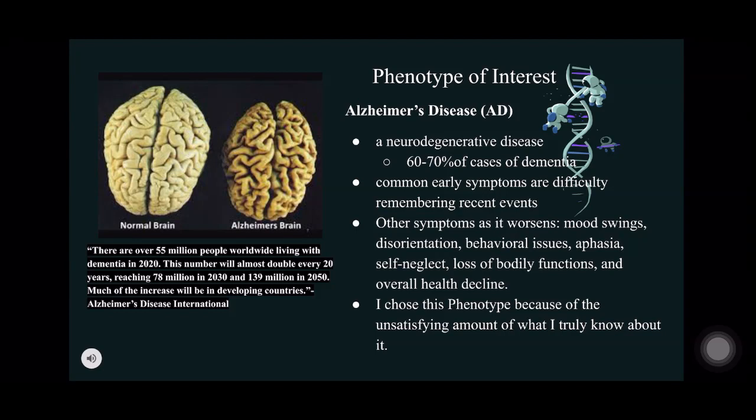Other symptoms of AD include behavioral issues, aphasia, which is difficulty with language or speech, self-neglect, loss of bodily functions like weakened muscles, and overall health decline. According to Alzheimer's Disease International, as of 2020, there are over 55 million people worldwide living with dementia.